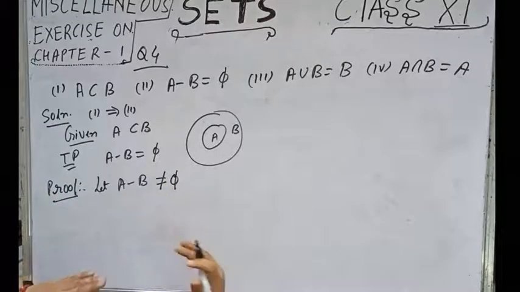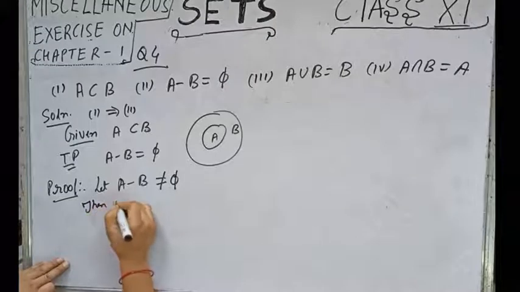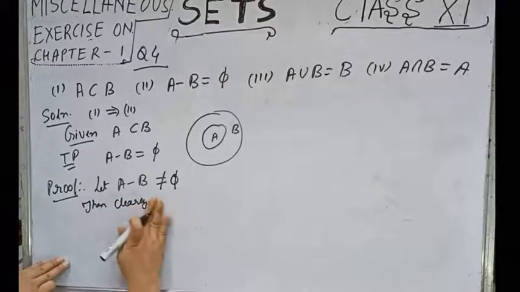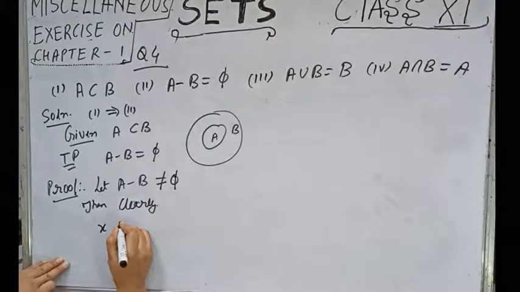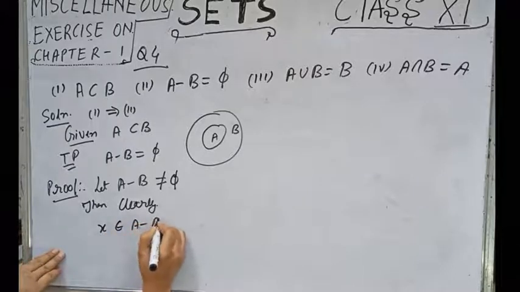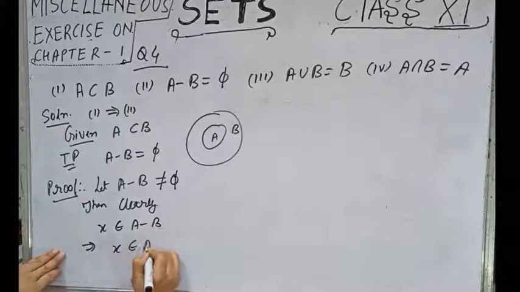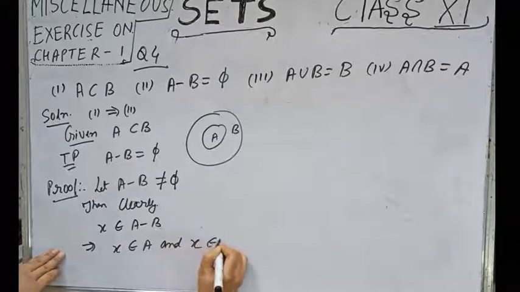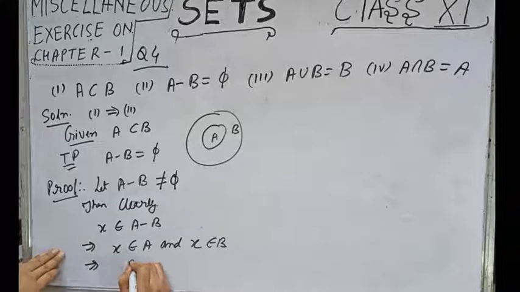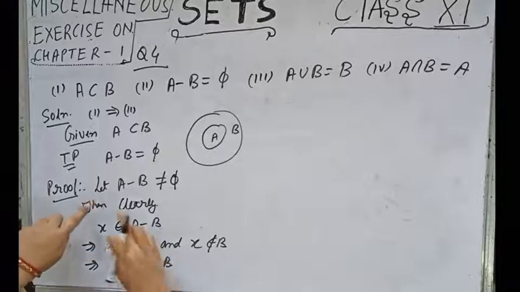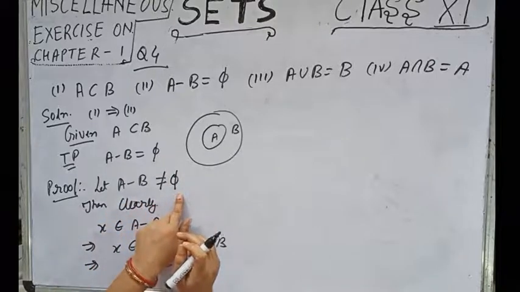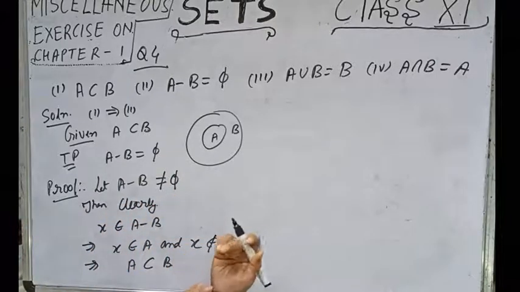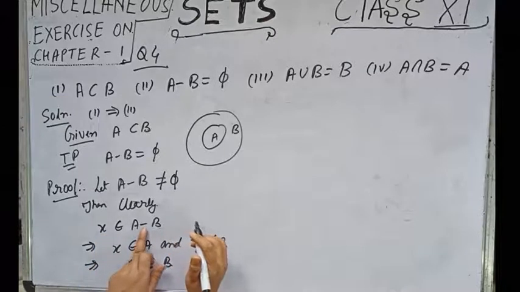So if A minus B is not equals to 5, then clearly X, any element, X belongs to A minus B. This implies X belongs to A and X does not belong to B. This implies A is not the subset of B. I think you understand. We have to prove that A minus B equals to 5. I have supposed that A minus B is not 5. Then there must exist an element, suppose X, which belongs to A minus B.